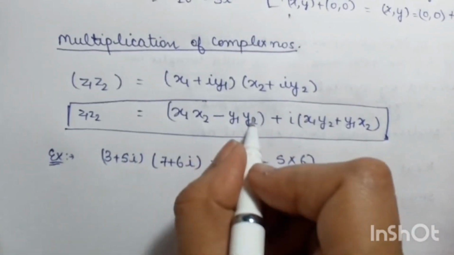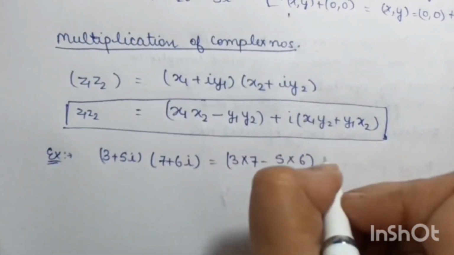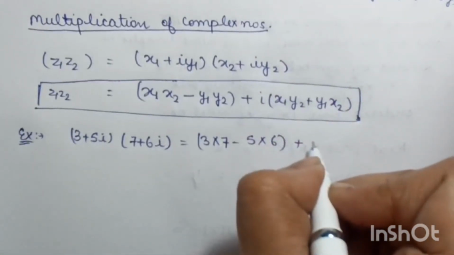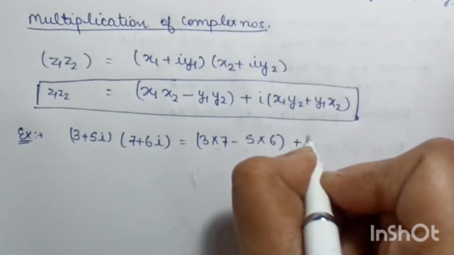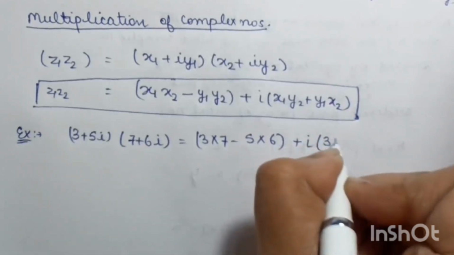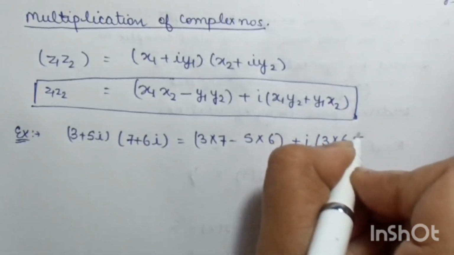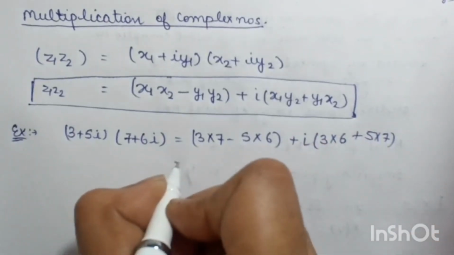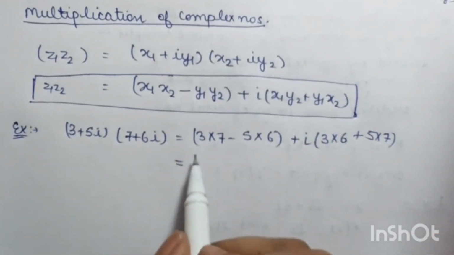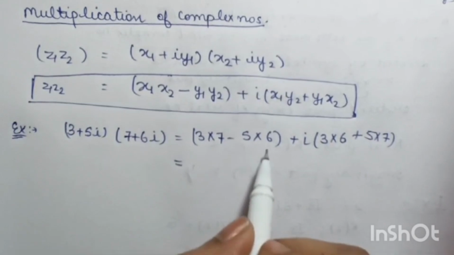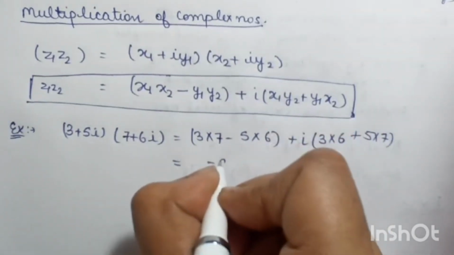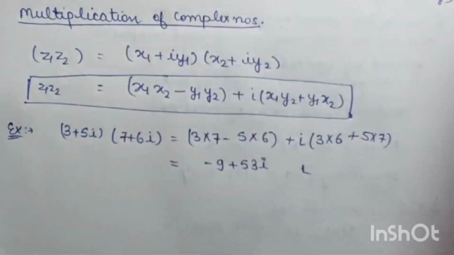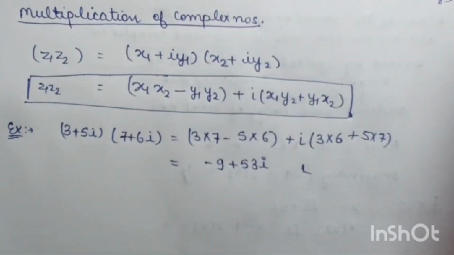It's 5, and what is y2? It's 6. Okay, so now plus iota (3 into 6 plus 5 into 7). Okay, so what will we get? 21 minus 30, we get minus 9 plus 53 iota. So this is our answer. We can multiply two complex numbers like this.